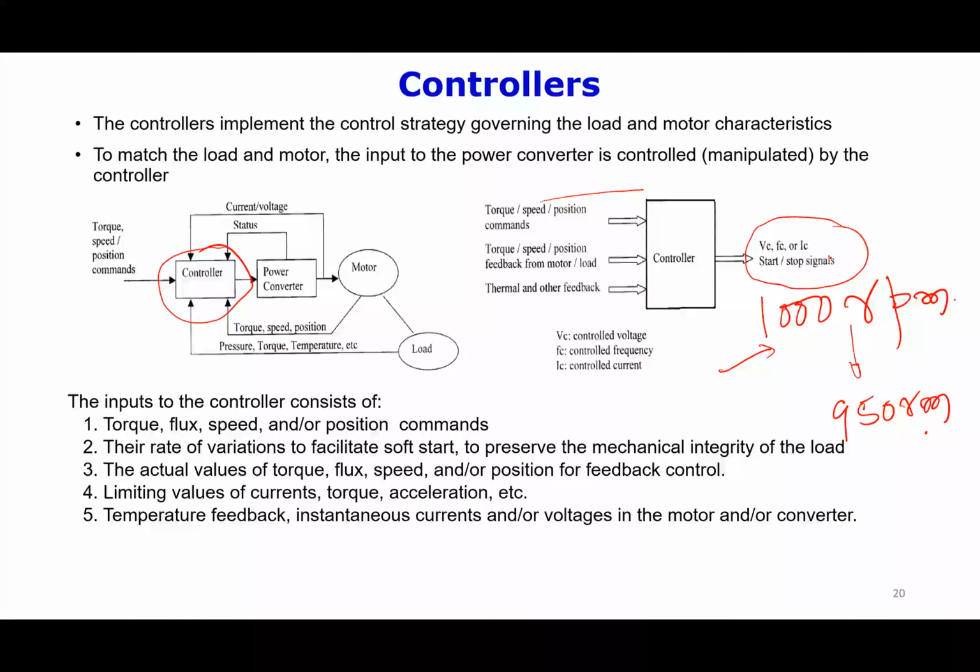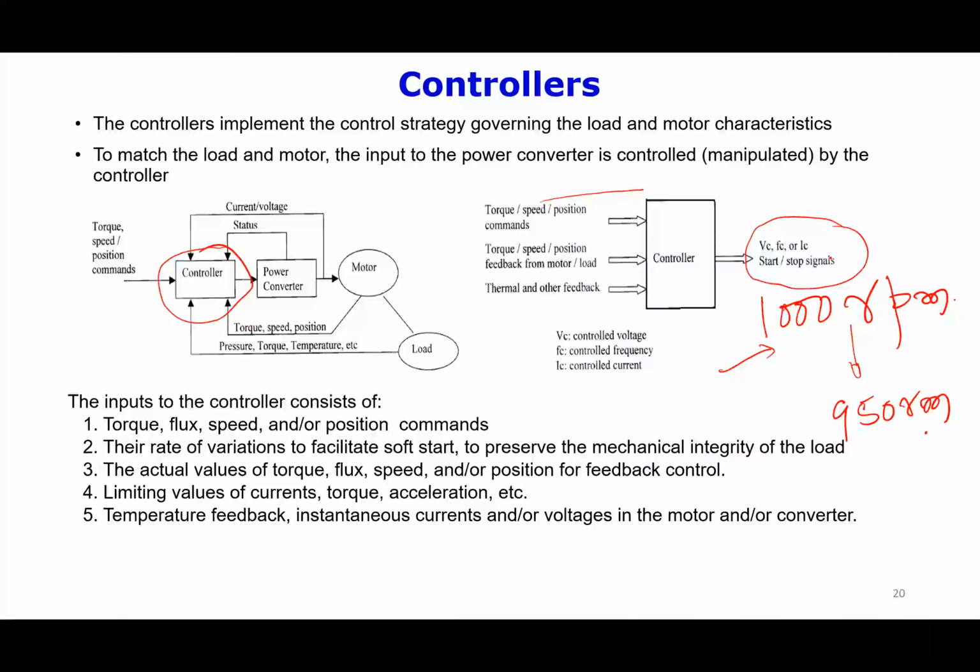So the input to the controller consists of torque, flux, speed, or position commands, and also the rate of variations of the signal to facilitate soft start. Means we don't want to apply the full voltage to the motor, then the starting current will be very high. So we want to have the soft start. We want to ramp up the speed.